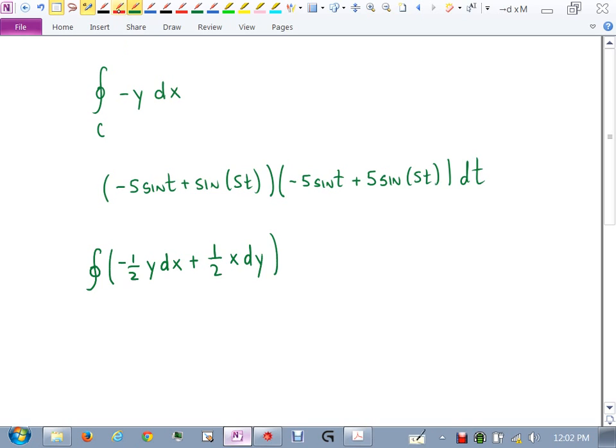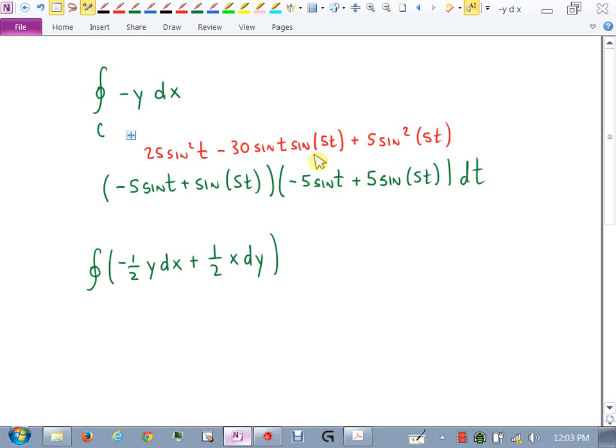Think about this. If we multiply, okay, let me multiply this one out up here. We would have 25 sine squared t. It would be minus 30 sine t sine 5t. And then my last one would have been plus 5 sine squared 5t. Y'all agree with that? If I would have done this foiled out, collect like terms, negative, negative, okay, positive.